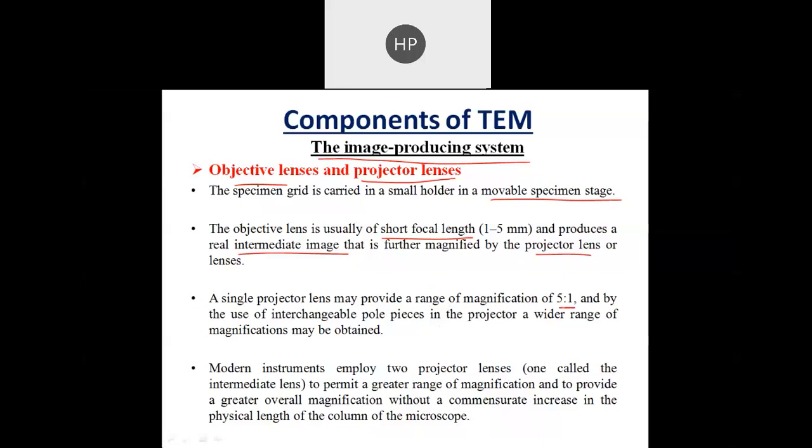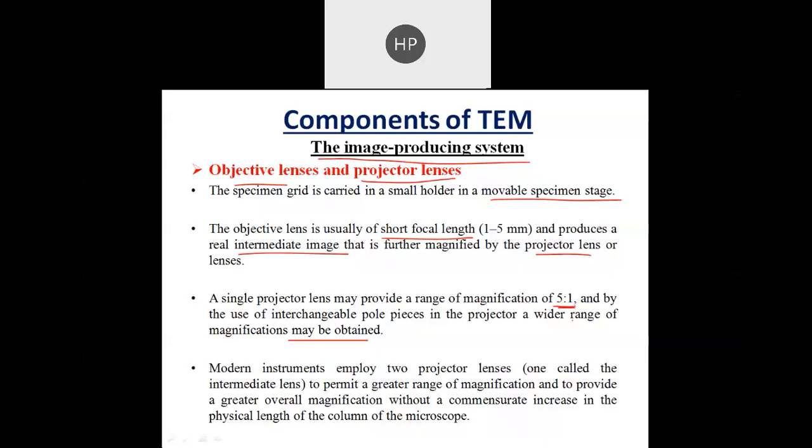Okay, so this is the capability of the projector lens. And by the use of an interchangeable pole piece in the projector, a wide range of magnification can be obtained. Okay, so by interchanging the poles, we can get a wide range of magnification, very high magnification, which can be achieved by using a projector lens.